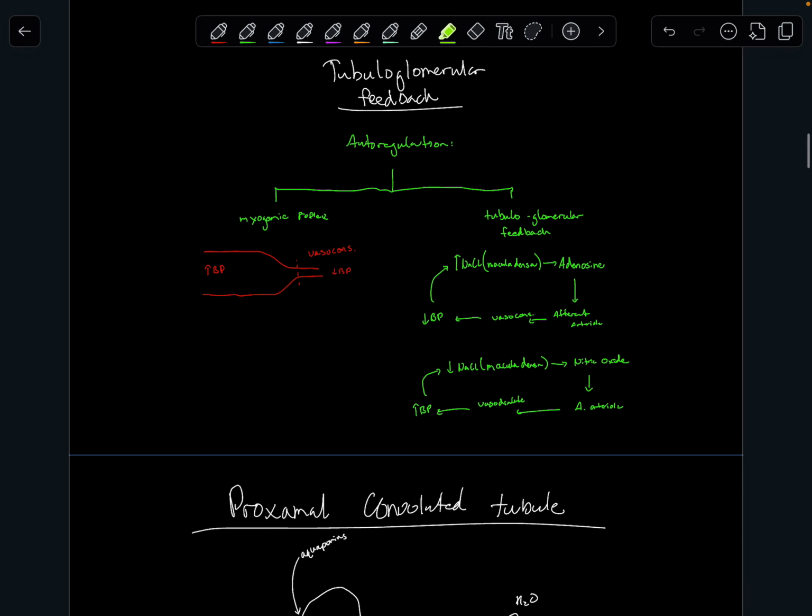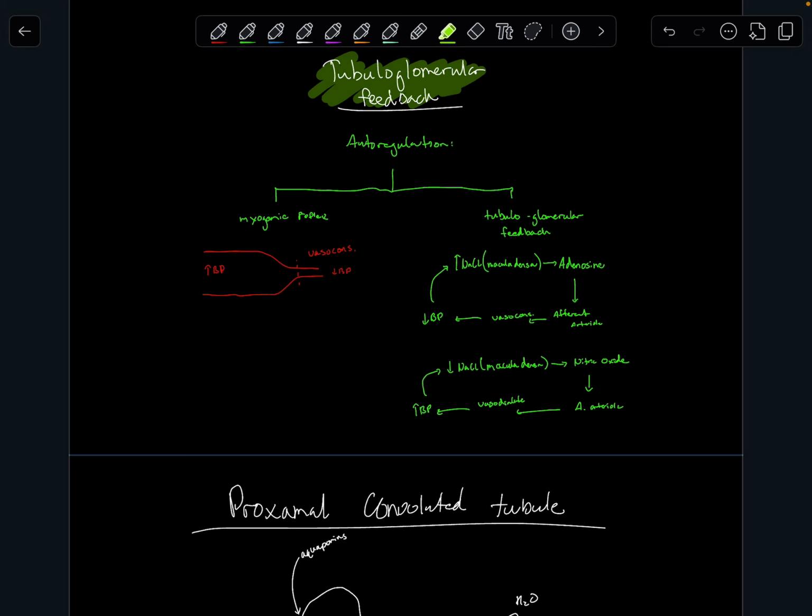Okay, now we're going to jump into another form of regulation, and that's tubuloglomerular feedback. It's interesting because we can get super in-depth, but we're just going to keep it pretty superficial here.